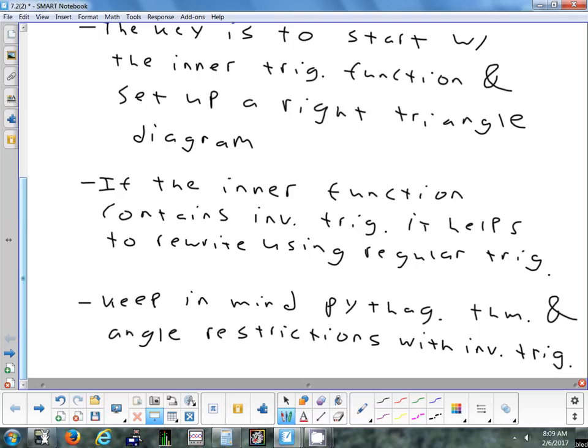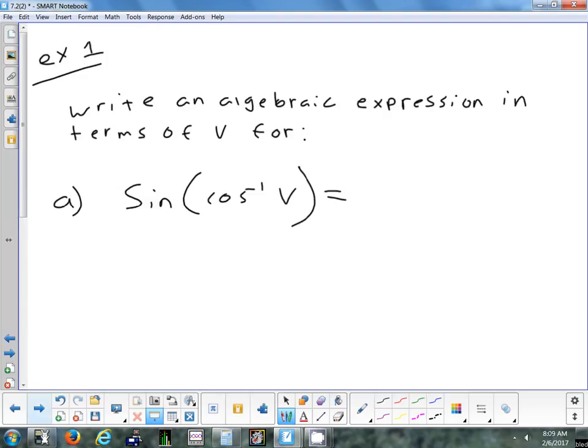All right, so the one we're going to do, the inside trig function is inverse, and we're going to start with that, and somehow we're going to turn it into regular trig. So for now, you can forget about sine. We're just going to focus on inverse cosine.